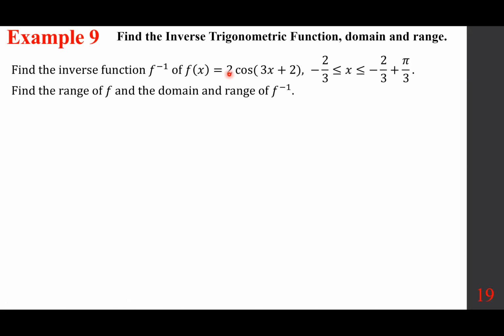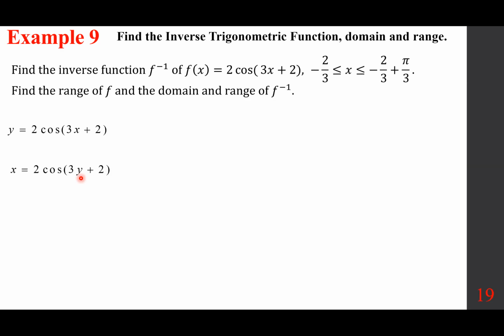We want to do the same thing here. Here's the function f of x, and here's the domain. So first and foremost, we want to find the inverse. So we're going to call f of x y. We are going to interchange x and y. So this becomes x, this becomes y. And right in this step, we do have the inverse. However, we want to solve for y.